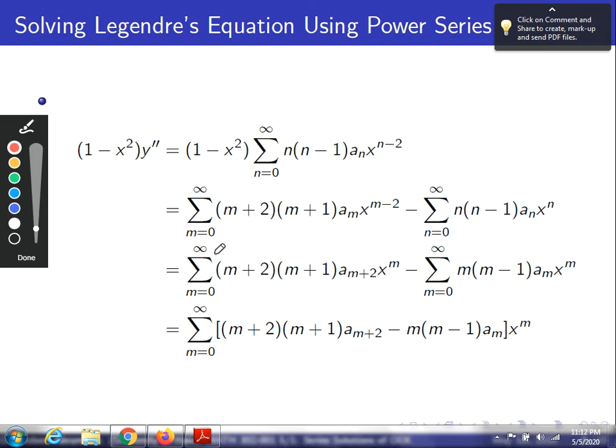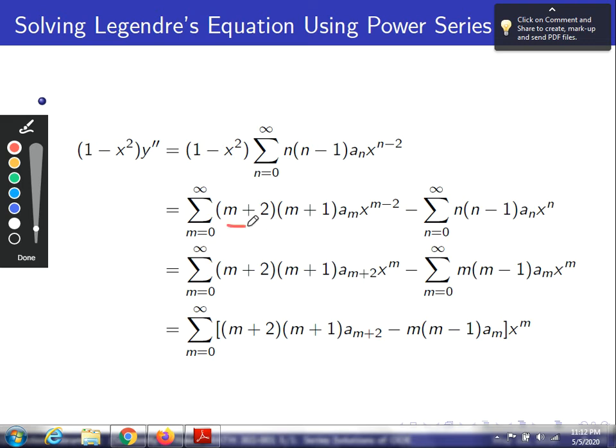So this first sum becomes m plus 2 times m plus 1 times a sub m plus 2 times x to the m. Why are we doing that? We're doing that so that we can combine the two power series into one, and we collect like terms. These are our coefficients of x to the n. If we replace m here with n, because n is just a dummy variable, these are also coefficients of x to the n. So what are we left with?